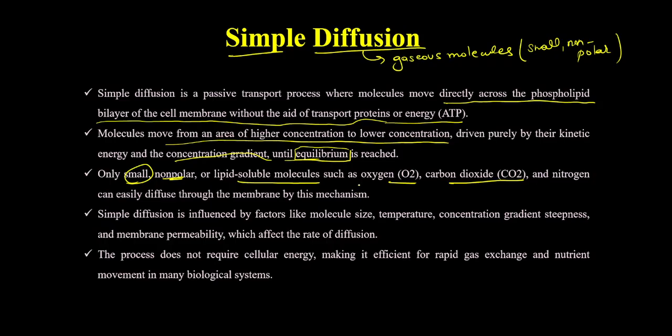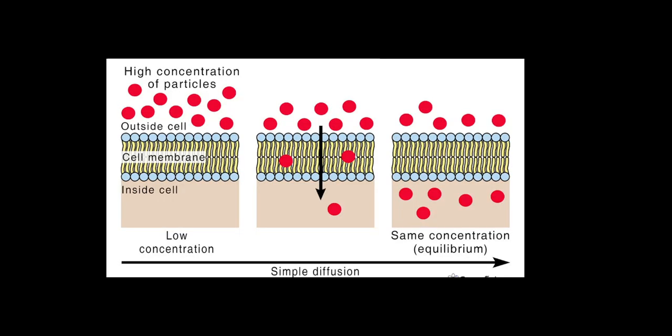And these are the factors which affect the diffusion rate: molecular size, temperature, concentration gradient, and membrane permeability. We will discuss them in the next slides. So this is diffusion.